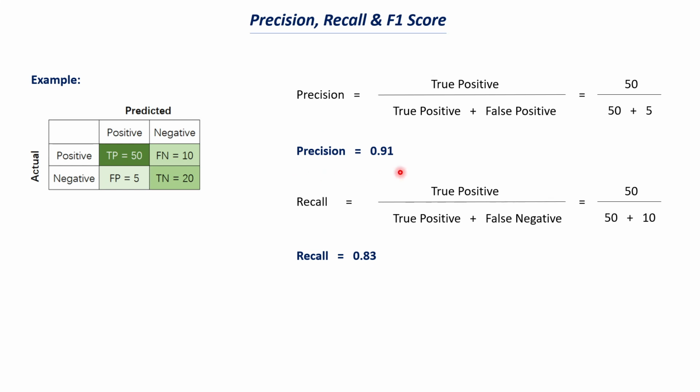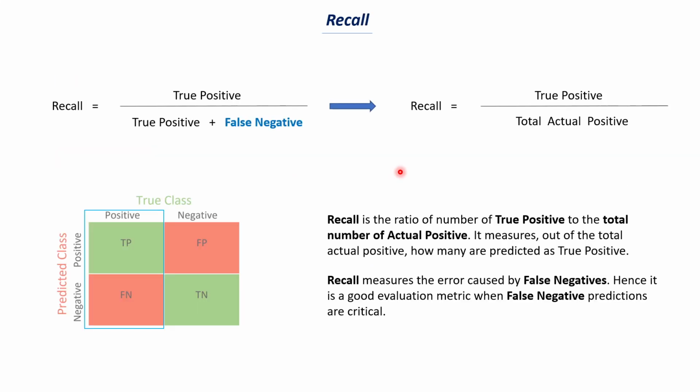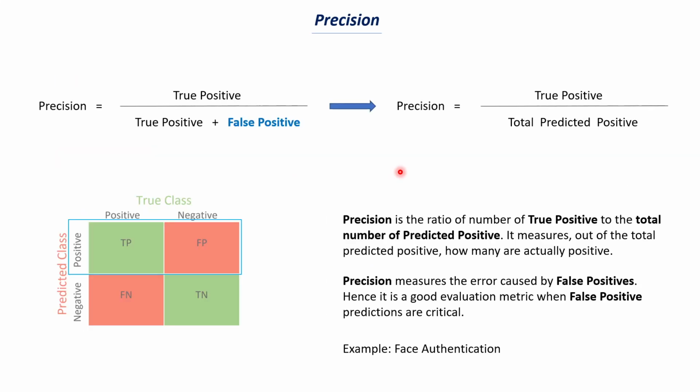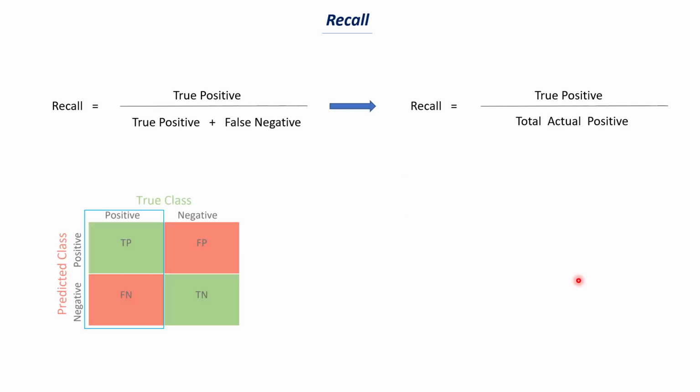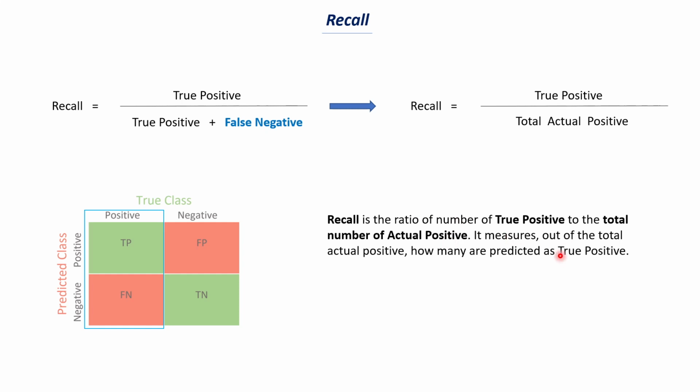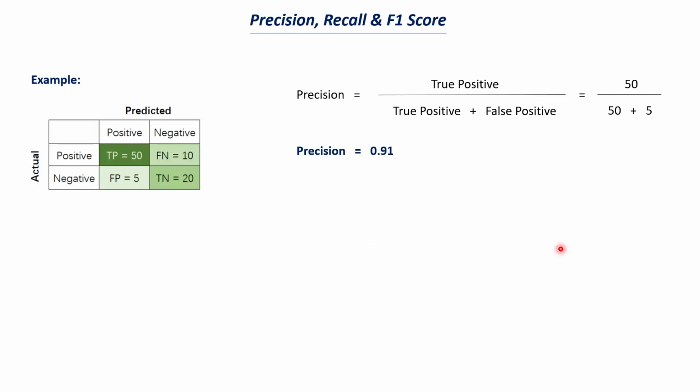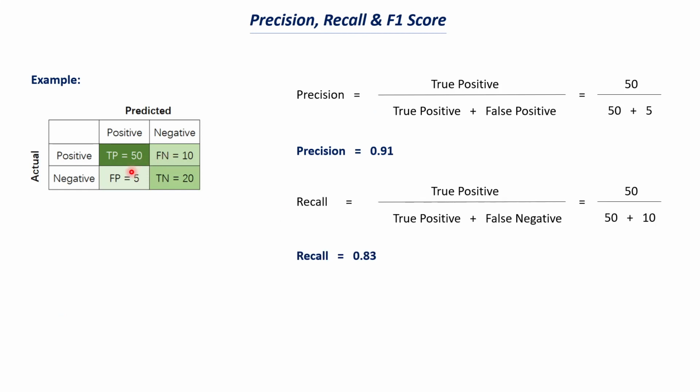This is why I told you precision tries to capture the error caused by false positives. In the previous slides I mentioned that precision measures the error caused by false positives, and recall measures the error caused by false negatives, right? So here the number of false negatives is high, hence a lower recall value, and the false positive error is low, so we have a high precision value.